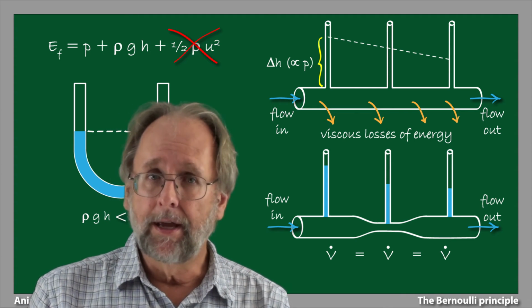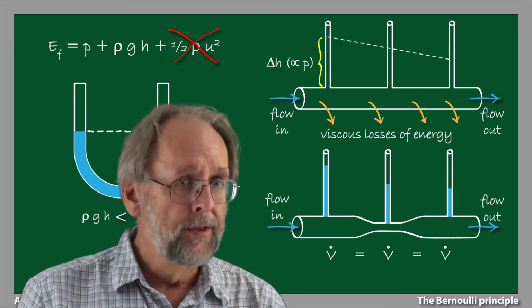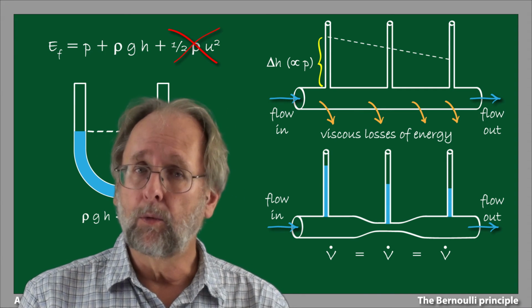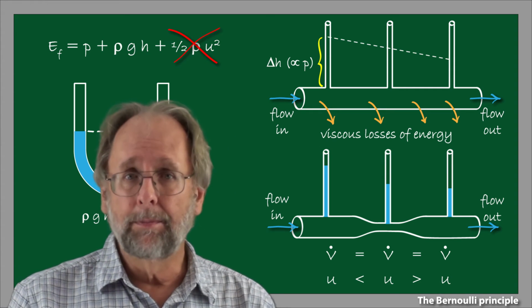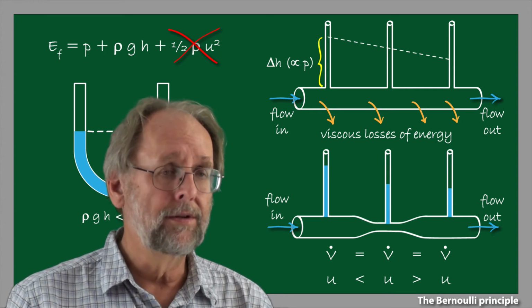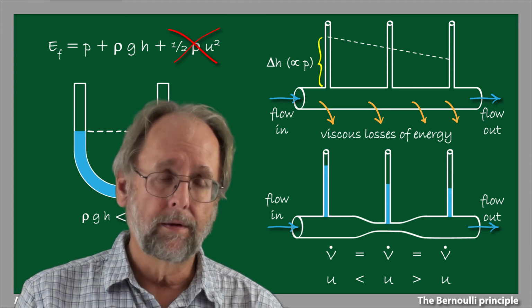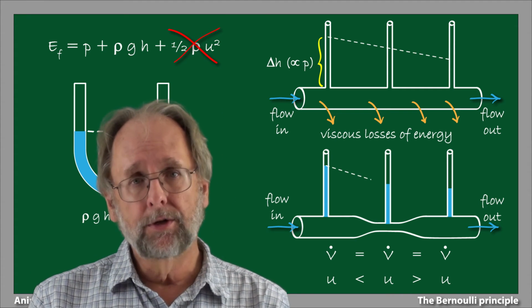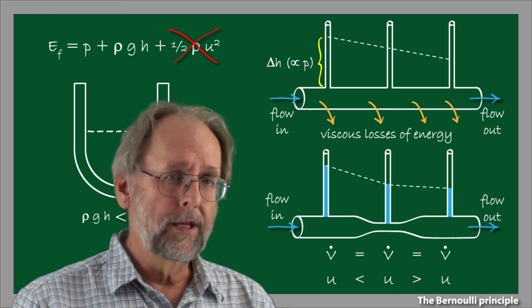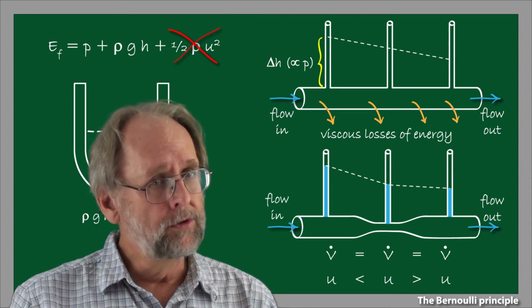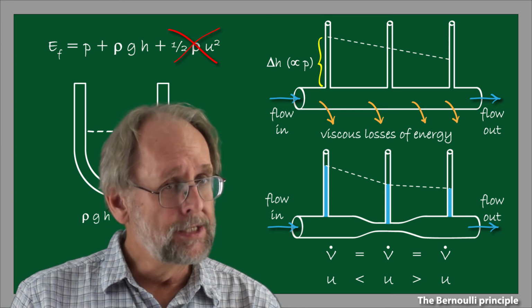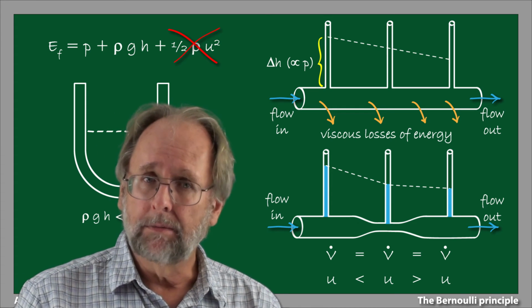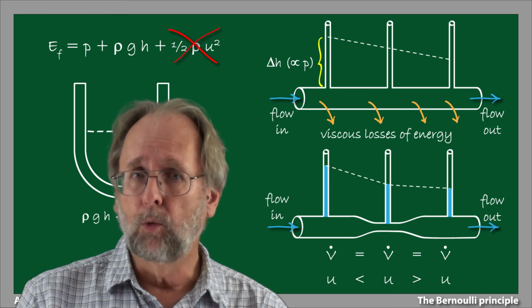But because the diameter in the middle is smaller, the cross-section area of the pipe there will also be smaller, and this means that the velocity of flow in the pinched region will be faster than on either side. If we now measure the pressure drop, we see a surprising thing. Pressure still drops along the tube's length, but the pressure at the narrow point is lower than we expect it to be. That seems paradoxical. What's going on?